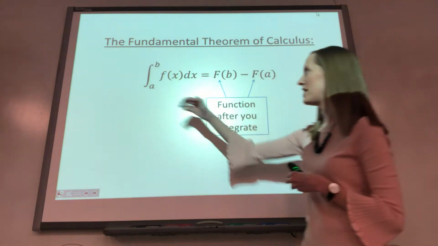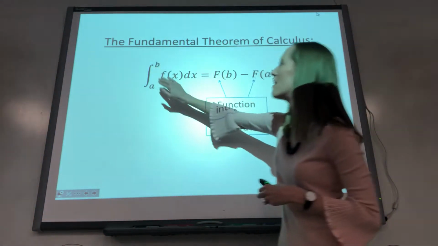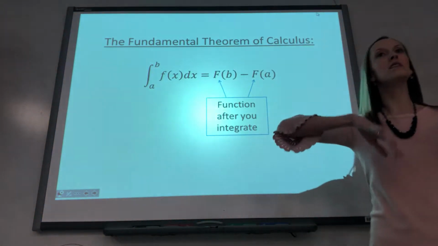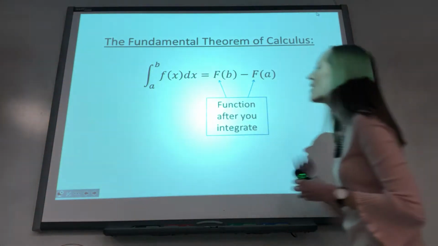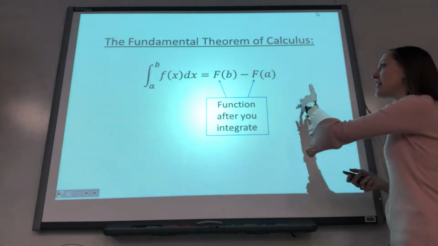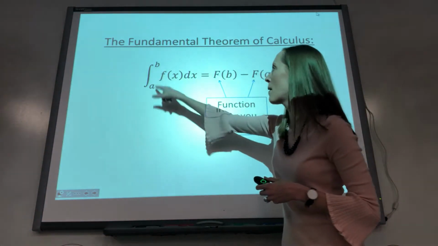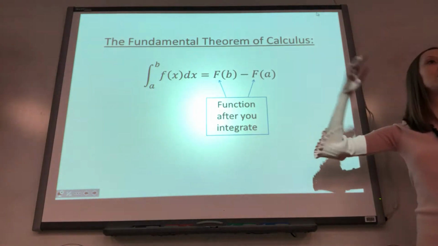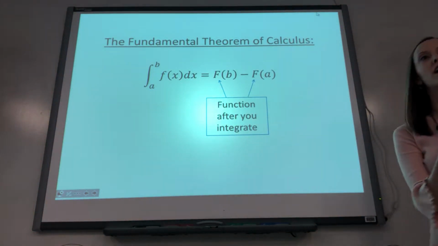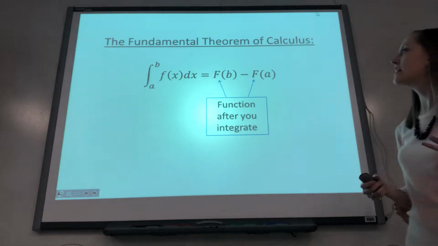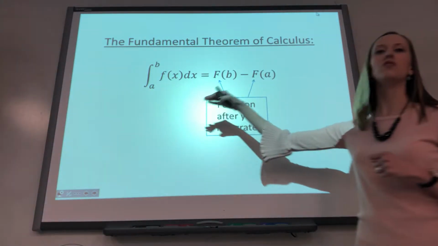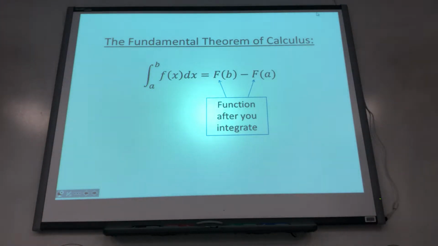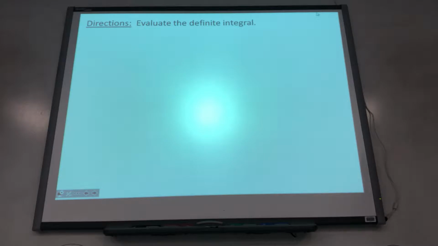With indefinite integrals, when you didn't have the A and the B, your answer was always something in terms of x or whatever variable that was. But with definite integrals, these are going to be numbers, and once you plug them in, you just get back an actual number. And this goes back to the idea of finding the area. Now that you know what A is and you know what B is, it's like you're finding the area between the function and the x-axis.